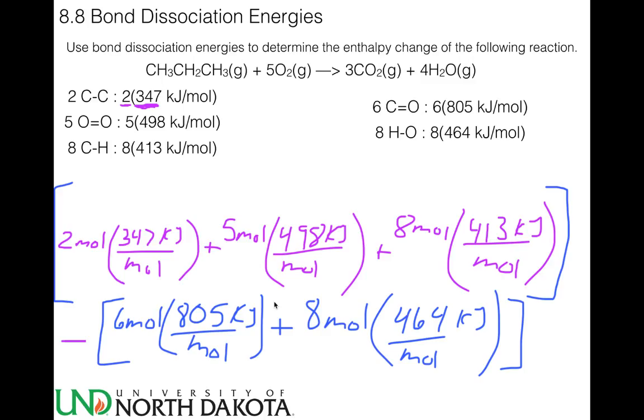On our reactant side, we will have 6,488. So our delta H naught of the reaction equals the sum of the bond dissociation energy of our reactants, 6,488 kilojoules, minus the sum of the bond dissociation energy of our products.